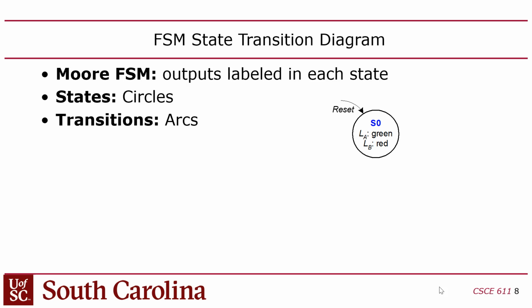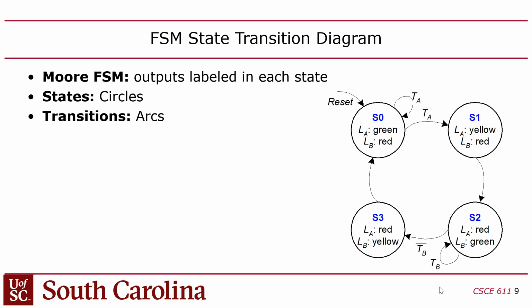Okay, and then we'll add 3 more states. So this ends up becoming a directed graph. And so we have our 4 states, labeled S0 through S3. And then we add the transitions.